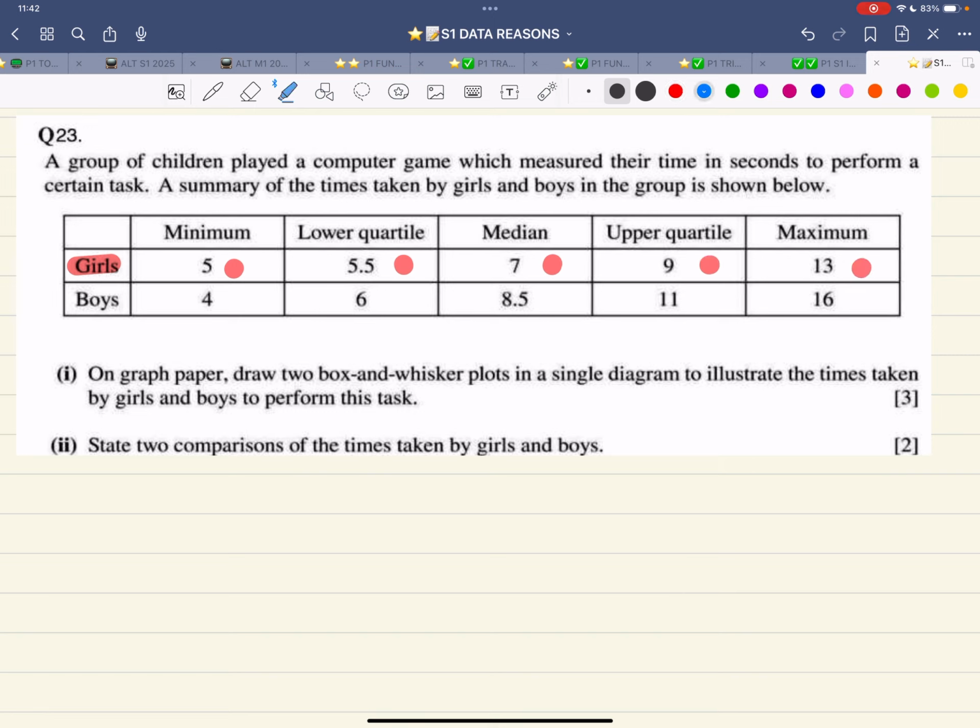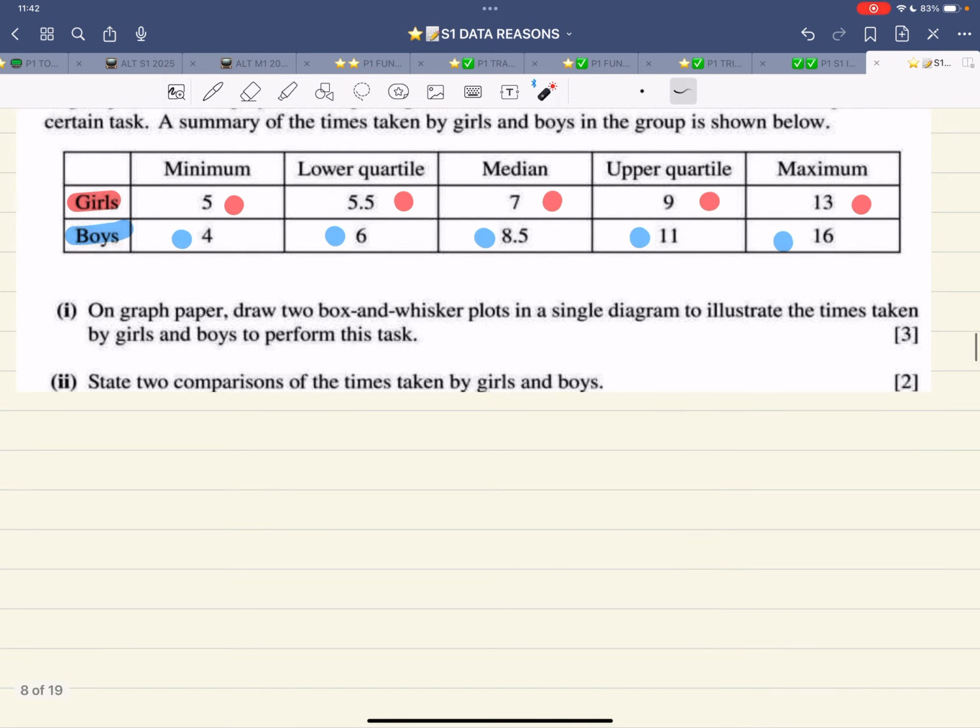And for the boys, this is the data 1, 2, 3, 4, 5. It's a 5-point summary. What are they asking? On a graph paper or on a grid, draw 2 box and whisker plots, which is called comparative box plot, in a single diagram to illustrate the times taken by girls and boys to perform this task.